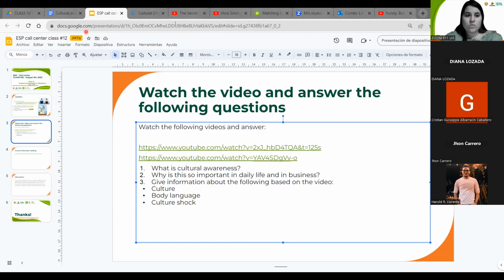For example, teacher, in Japan, it's common to bow to show respect to other people. In the United States, it's common to keep eye contact to show interest.